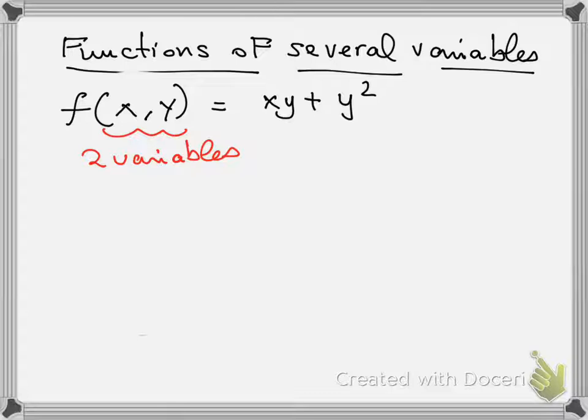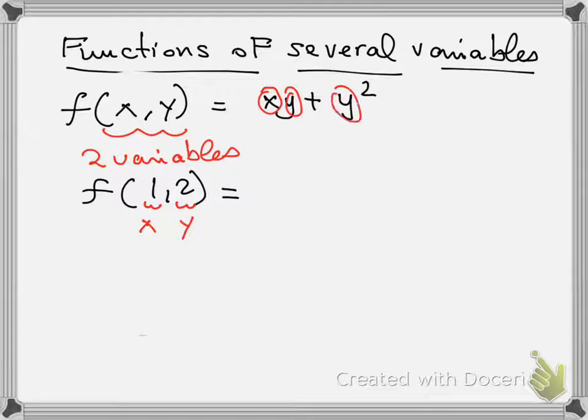Okay, and if you say, what's f of 1, 2? If you want to compute f of 1, 2, then it means your x is equal to 1 and your y is equal to 2. So that will be equal to 1 times 2 plus y squared, my y is 2, so that's 2 squared.